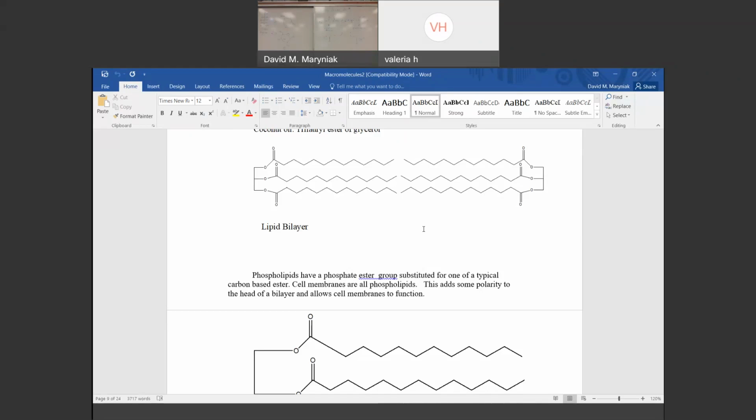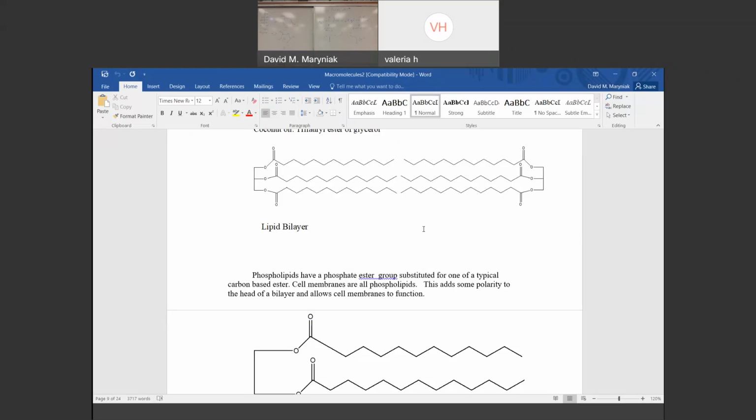So life needs compartmentalization. How do we compartmentalize stuff? Within a lipid bilayer. And so if we ask, is the internal of the bilayer polar or nonpolar? Nonpolar.